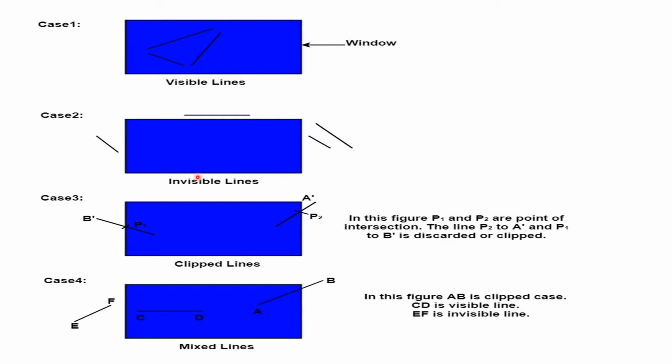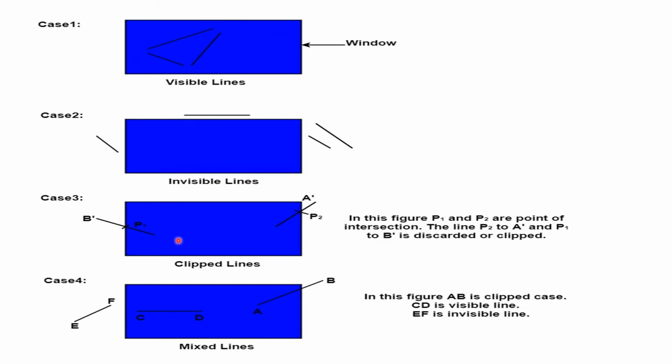Now we talk about case 3. There are clipped lines. Why are we calling them clipped lines? Because the window that we are taking is capturing only the partial lines. The part of the lines which is outside the window is not coming inside the window, so that will be clipped.